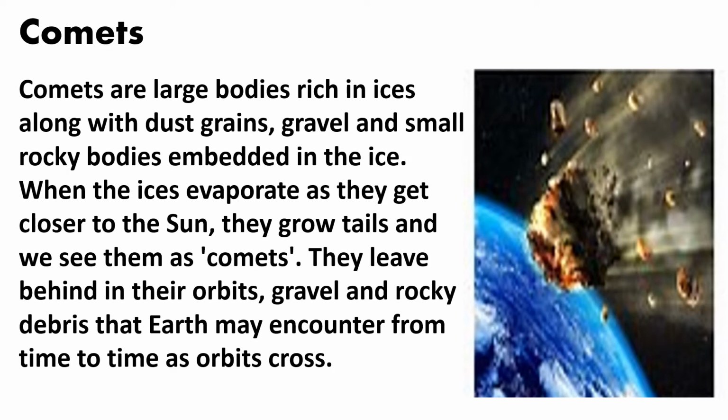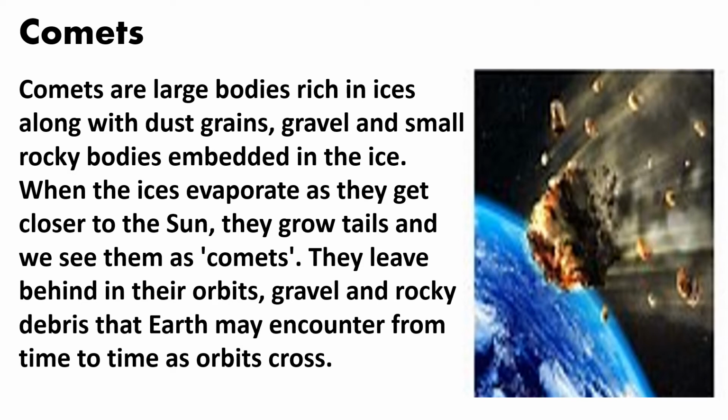Okay? So comets are large bodies rich in ices, along with dust, grains, gravel, and small rocky bodies embedded in the ice. So when the ices evaporate as they get closer to the sun, they grow tails and we see them as comets. They leave behind in their orbits gravel and rocky debris that Earth may encounter from time to time as orbits cross.